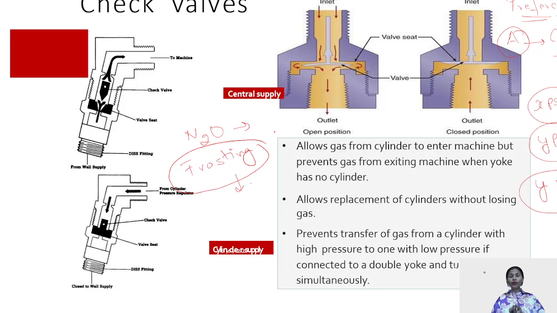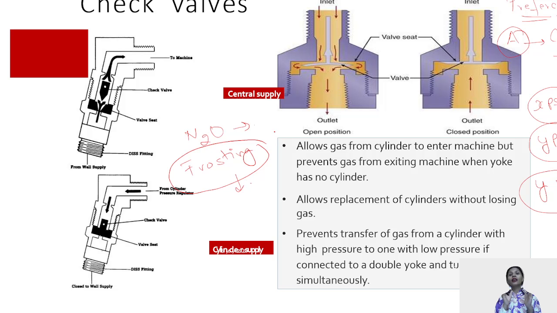Because of this thermal gradient, the liquid inside is going to take more heat from your environment, from the walls of the cylinder, eventually cooling the walls and leading to frosting around the cylinder. Sometimes it is so high that your pressure regulators or pressure relief valves get frosted.